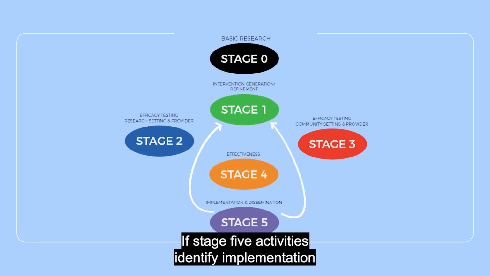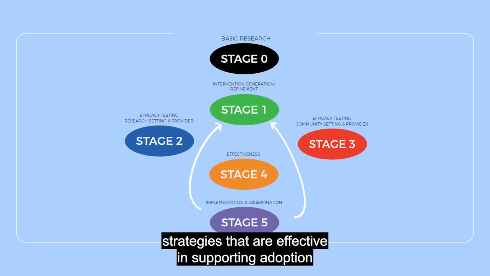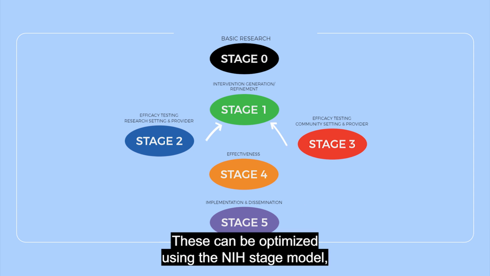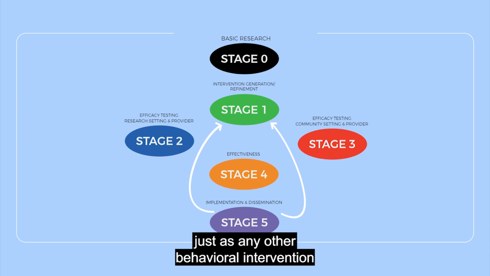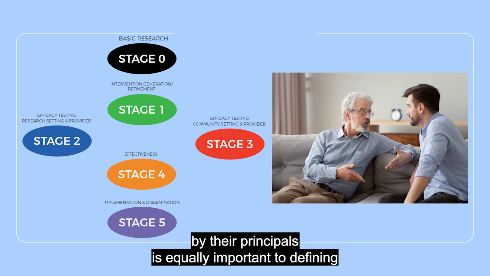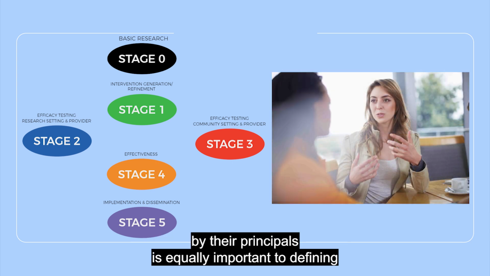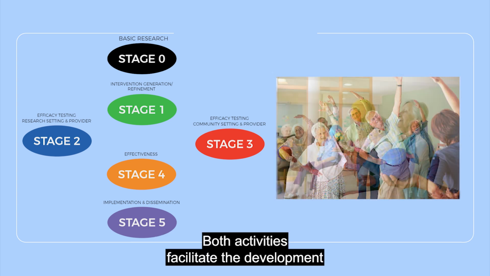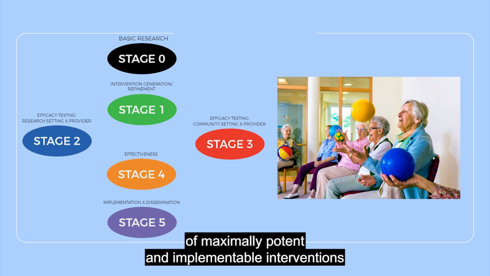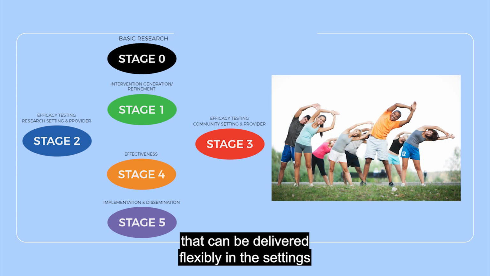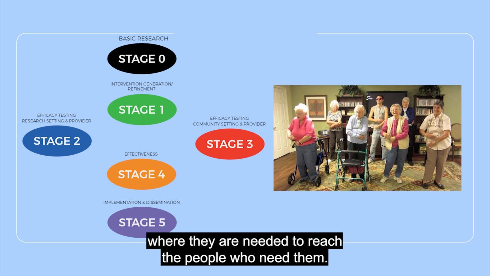If Stage 5 activities identify implementation strategies that are effective in supporting adoption of a behavioral intervention, these can be optimized using the NIH Stage Model, just as any other behavioral intervention. In the NIH Stage Model, defining implementation strategies by their principles is equally important to defining other behavioral interventions by their principles. Both activities facilitate the development of maximally potent and implementable interventions that can be delivered flexibly in the settings where they are needed to reach the people who need them.